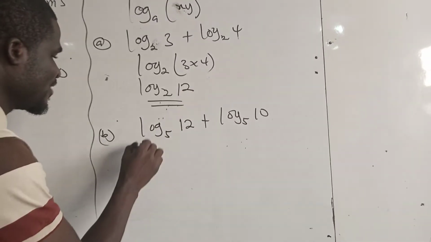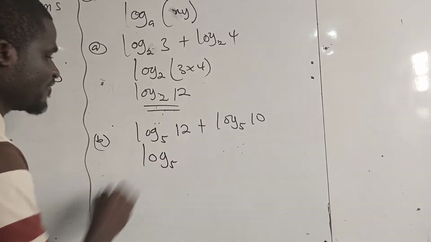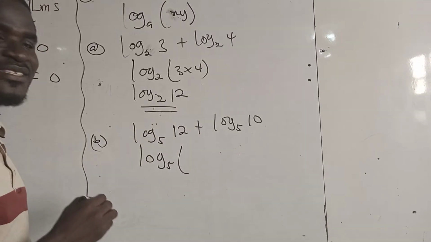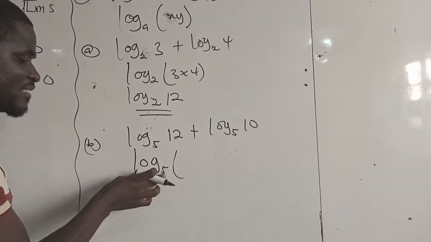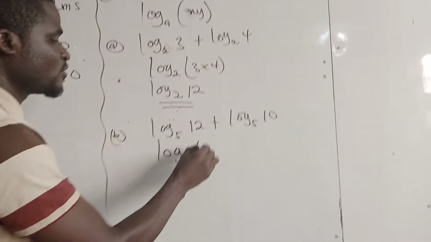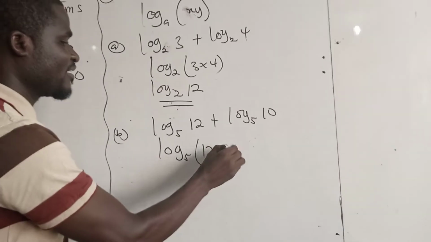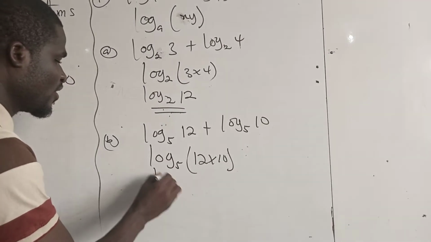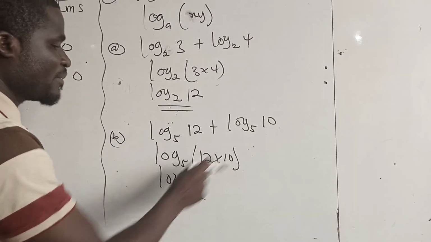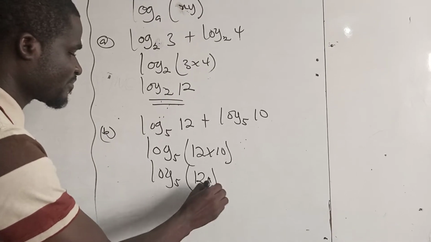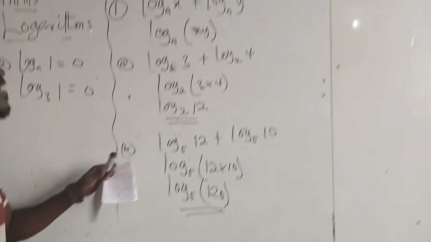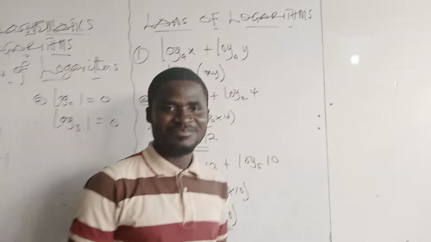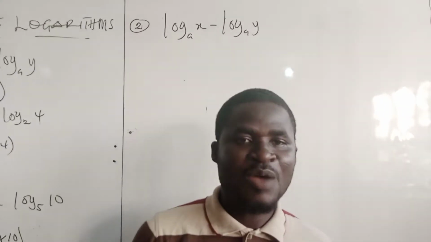So, we are going to have log 5 into brackets 12 times 10, which will give us log 5 120. I choose one of the logs, that's why I have log 5. So this is the final answer. This is the first law of log. I hope you are getting it.